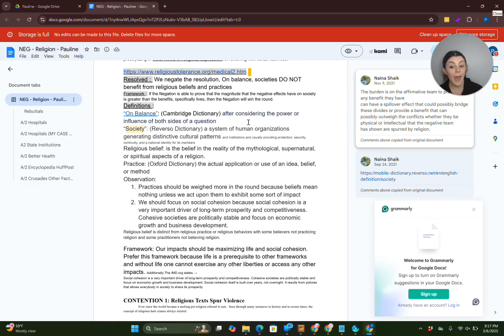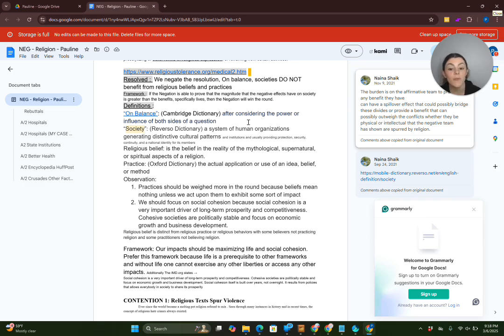Alright, so one good question that I would say is, if we look at the resolution, we see religious beliefs and practices. You give the definition of practice, but isn't the resolution talking about religious practices and not just the general term of practices altogether? The reason I say this is because look at my observation.